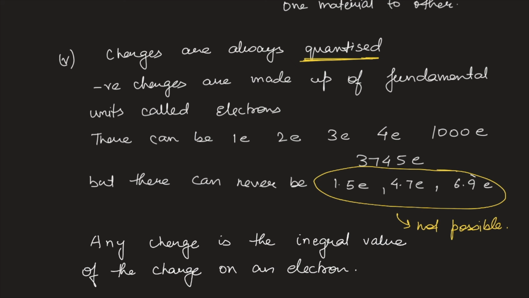And what is the charge on an electron? I think we know the data for that. It's approximately, not exactly, 1.6 into 10 to the power of minus 19 coulomb.